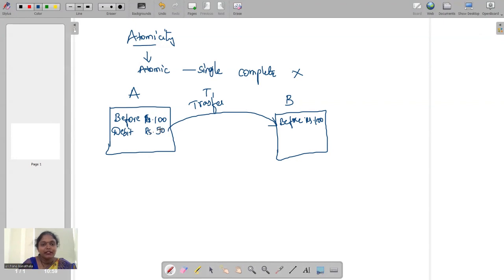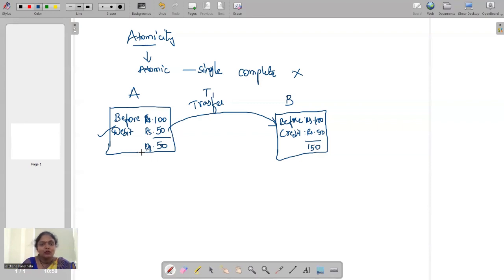So we need to debit this value from account A and we need to credit this value to account B. When it has been deducted, the resulting value should be 50. So the debit operation should be done in account A and then simultaneously the credit should also be done in account B.